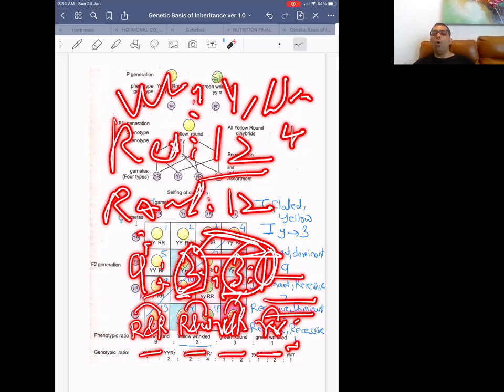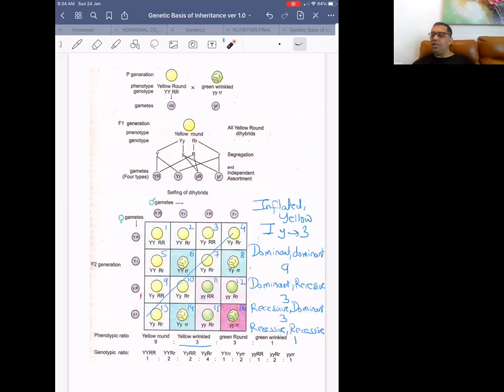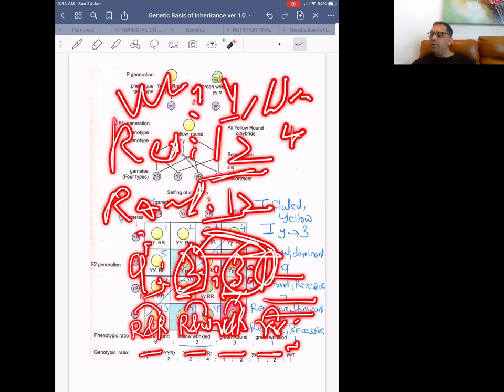Wrinkled, how many? 4. 3 are red and wrinkled, 1 is white and wrinkled. So the question asked: red 12, round 12, white 4, wrinkled 4.